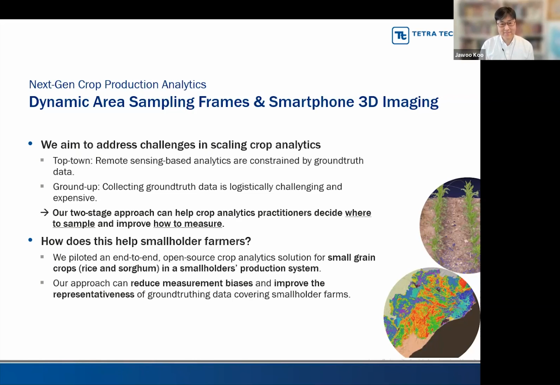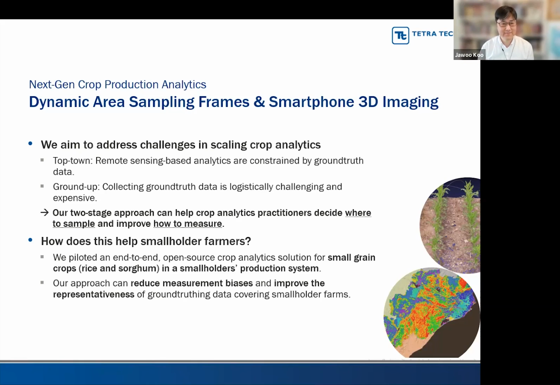And from the ground up, at the field level, we thought we needed another way to expedite the process of collecting yield data. So we piloted a new computer vision application to rapidly collect crop yield data using just a smartphone camera.